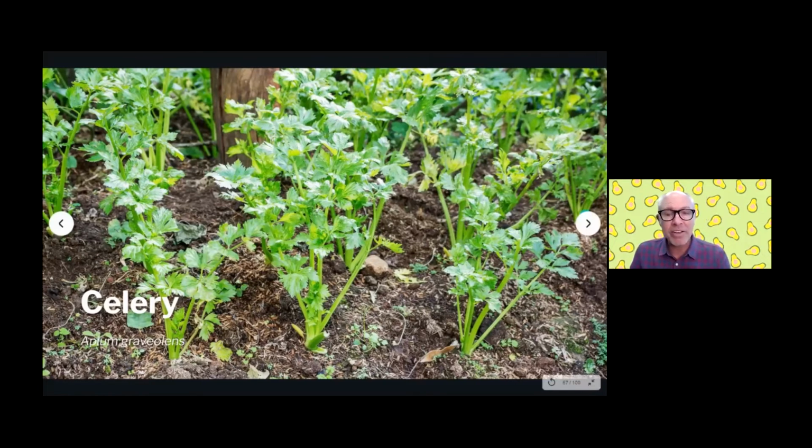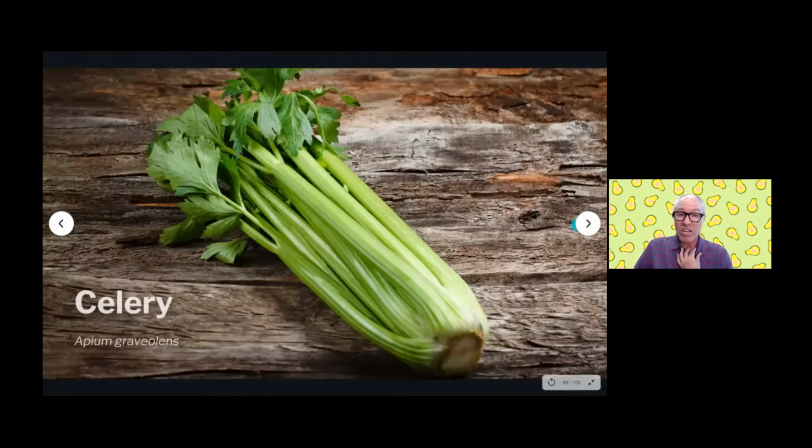Our next leaf that we'll look at belongs to celery. And here we have celery plants. These are one of those plants that produce a ring of leaves right at the ground level with a taproot. And then when the conditions are right, the stem begins to elongate. And this is another one where we stop that process from happening and we chop all the leaves off right at the base of the ground. And what's left for us to eat are these leaf bases.